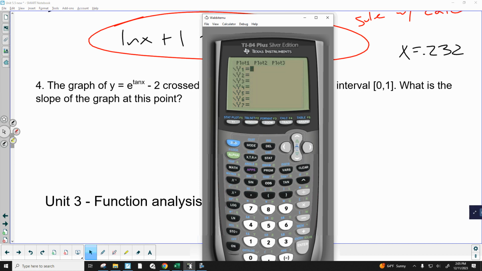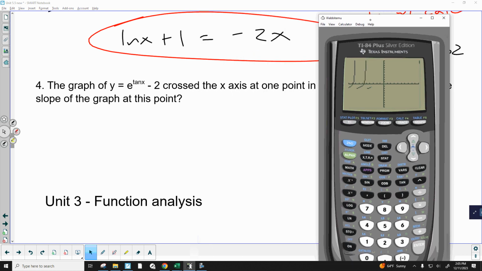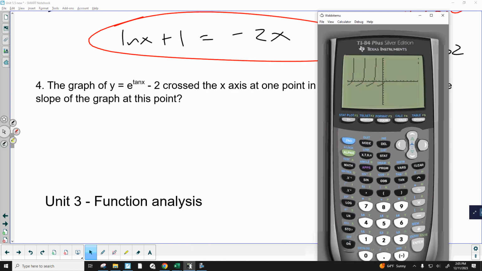We have e to the tan x minus 2. If I press graph, I notice there's a lot of x-intercepts. I don't want all of these x-intercepts. You will have this experience where you press graph and you immediately regret it. Press the on button to pause.